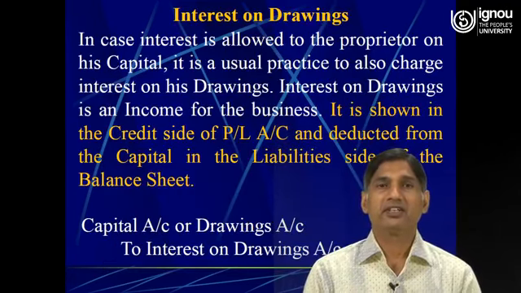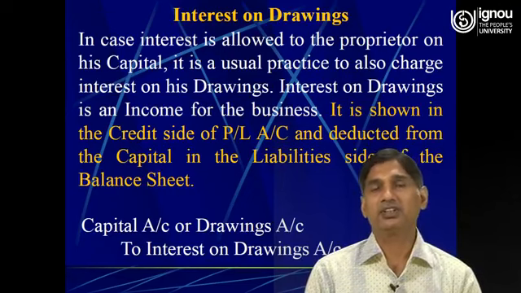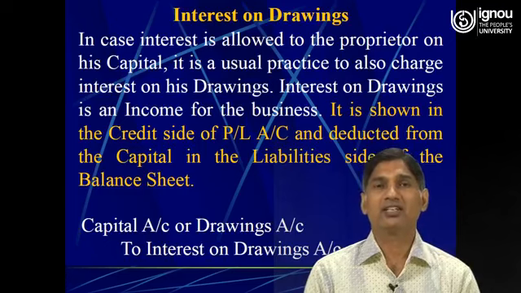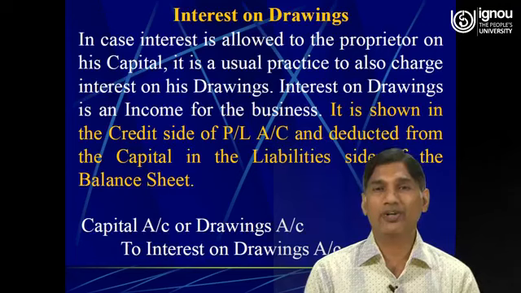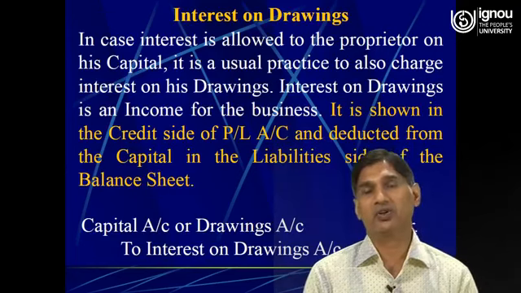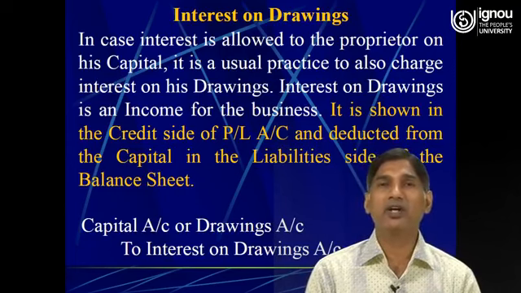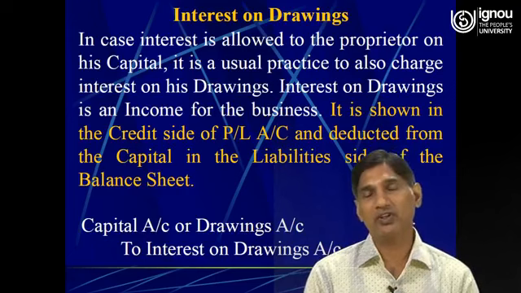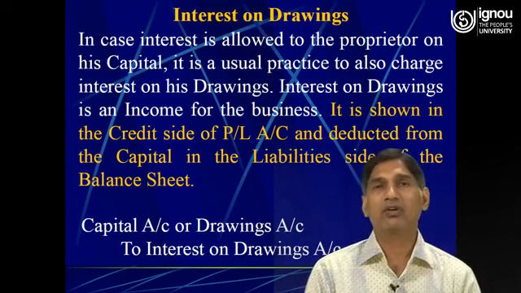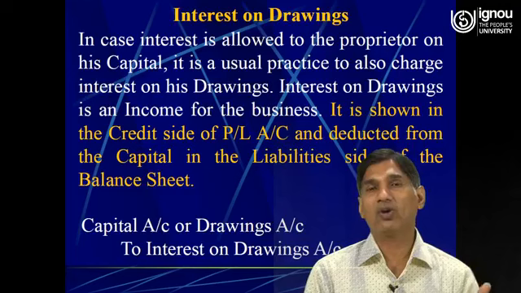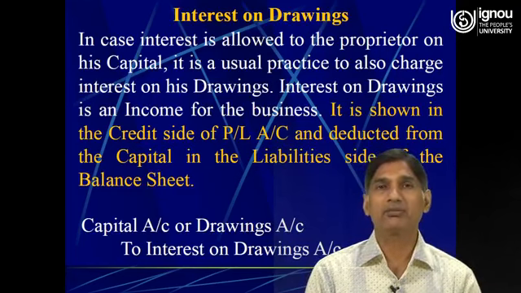Next, the journal entry for interest on drawing would be: capital account debit or drawings account debit, to interest on drawing. If we debit the drawing account, it will automatically enhance the amount of the drawing, and when the amount of the drawing is enhanced, it will automatically reduce the amount of capital of the proprietor in the business.